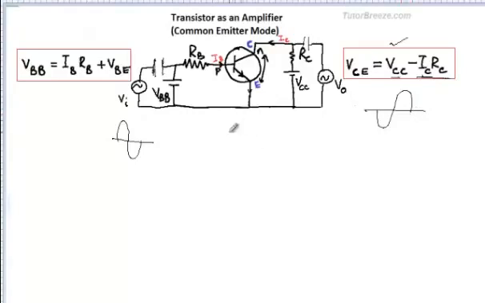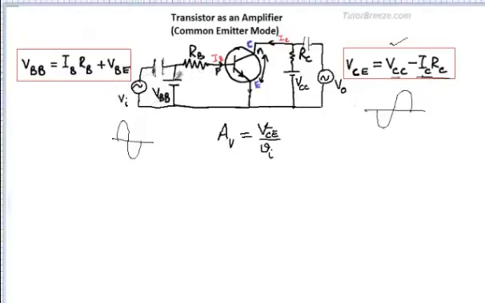Now next, let's find the voltage gain. For the AC signal, the voltage gain will be given by v0, which in this case is vCE, over vi. If you notice, we've used small v in both cases because this is the AC component.